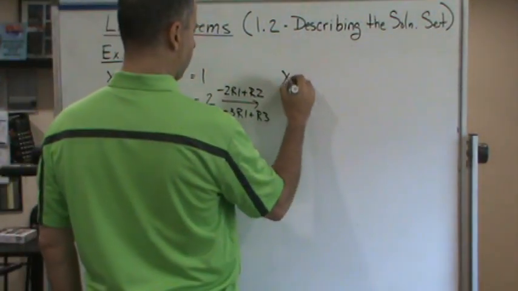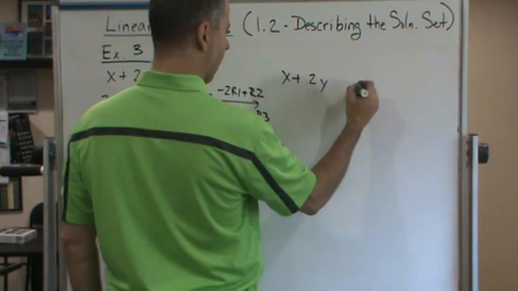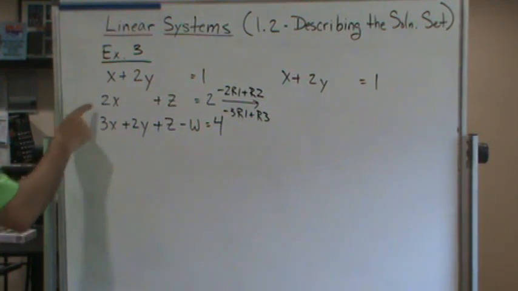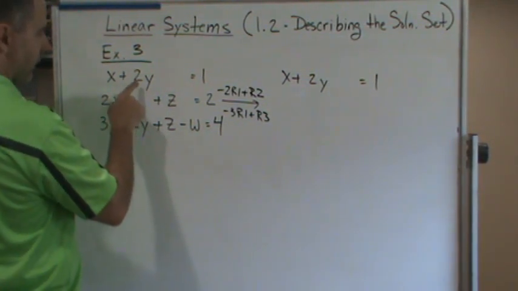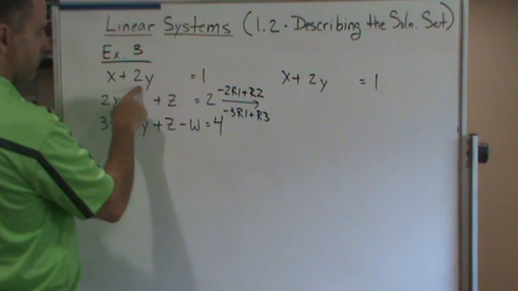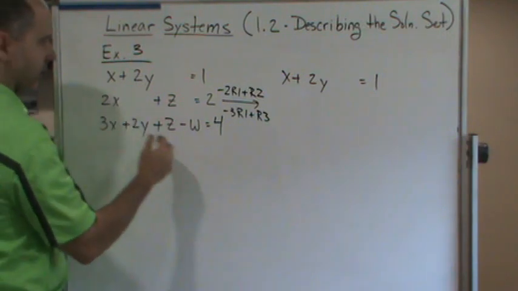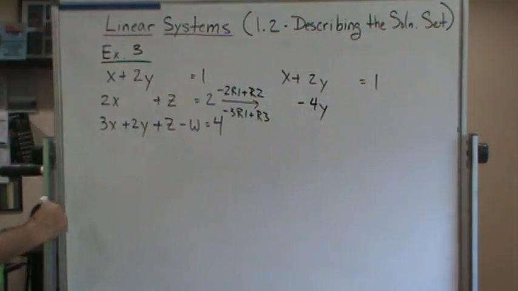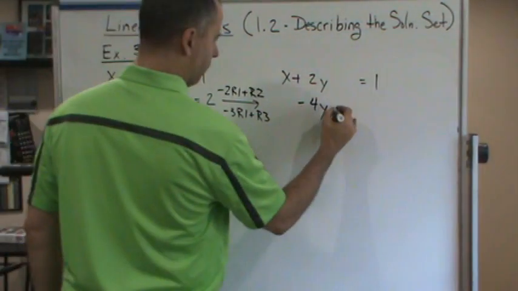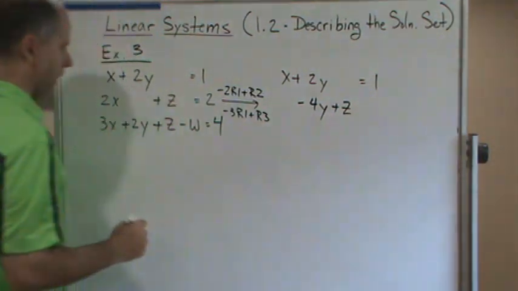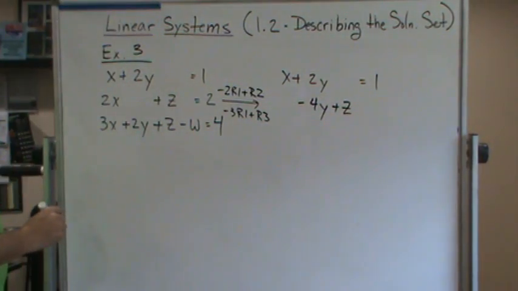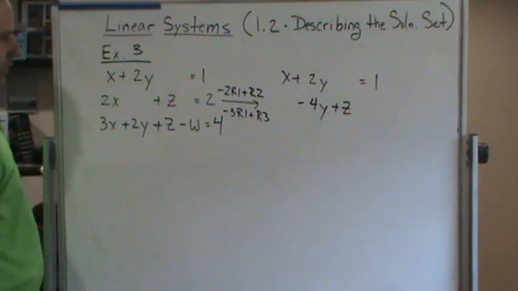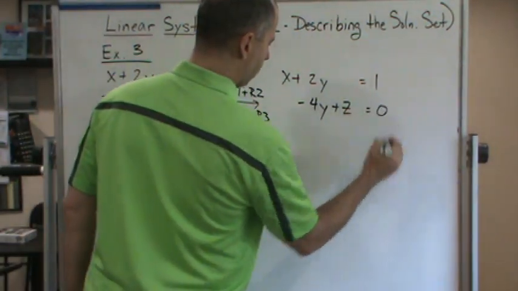Again, we get x plus 2y equals 1, and then this is going to go away. We get -4y here, and this is just going to stay the same. And of course -2 plus 2 is 0, so that's going to equal 0.